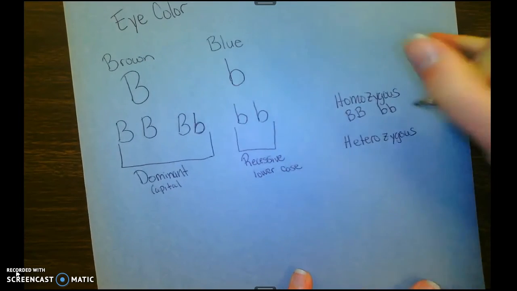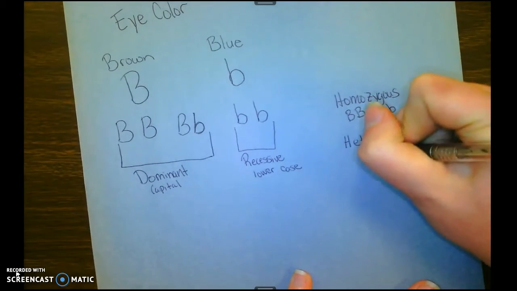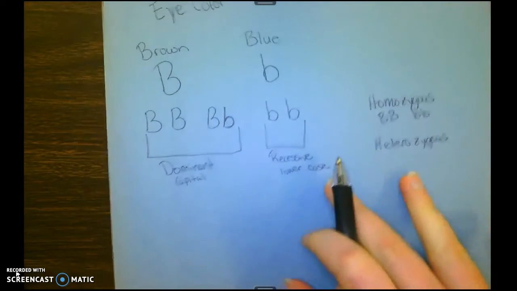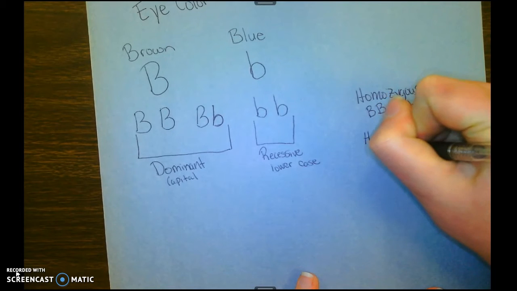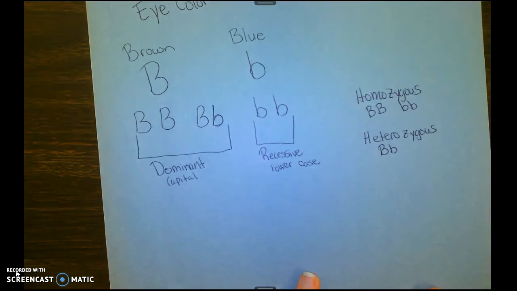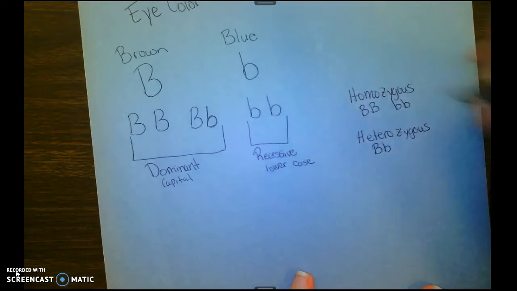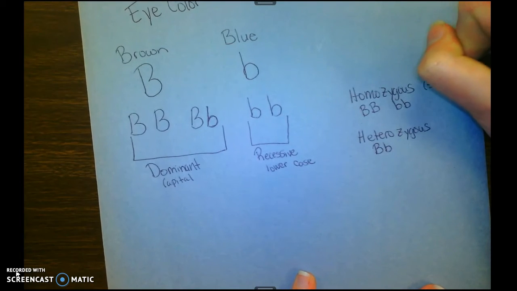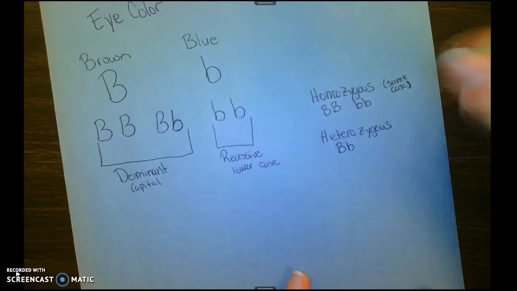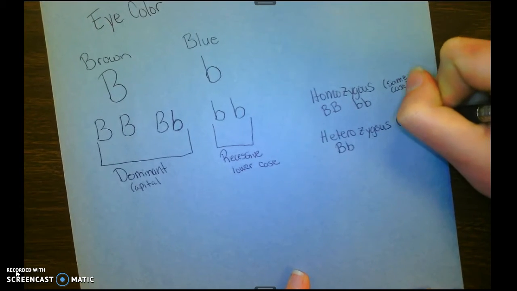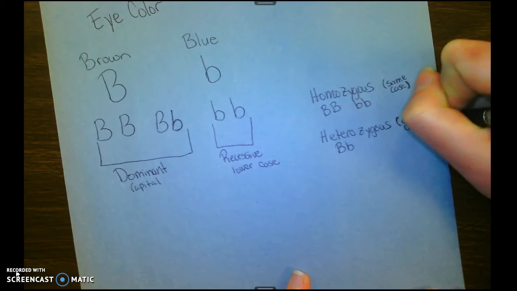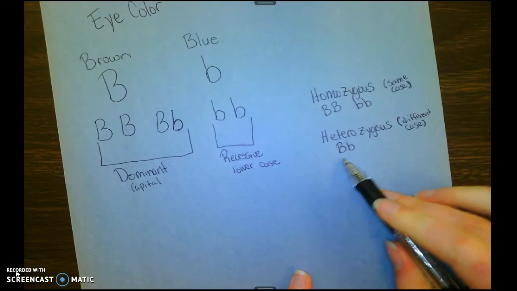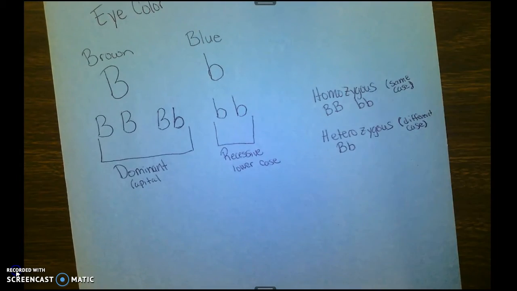Heterozygous means they are different cases. This individual right here is heterozygous. He has a big B and a little b. Okay, so homozygous, they're going to be the same case. Heterozygous, they're going to be different cases. An uppercase and a lowercase, a big B and a little b.